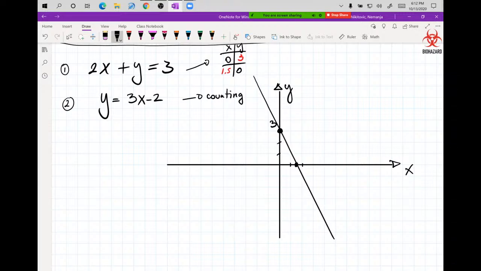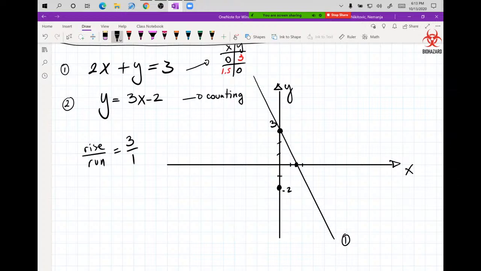There we go. And then we have the second line, which says go to -2 on y. So this is our line 1. Go to -2, and then you have your slope rise over run, which is what we covered last class, is 3 up, 1 over.